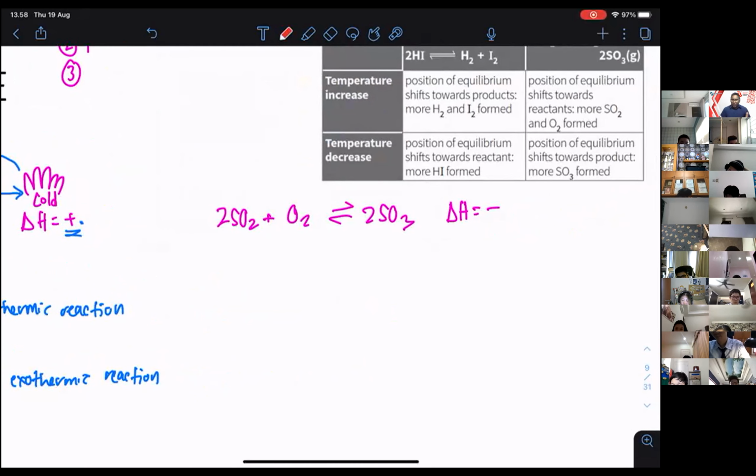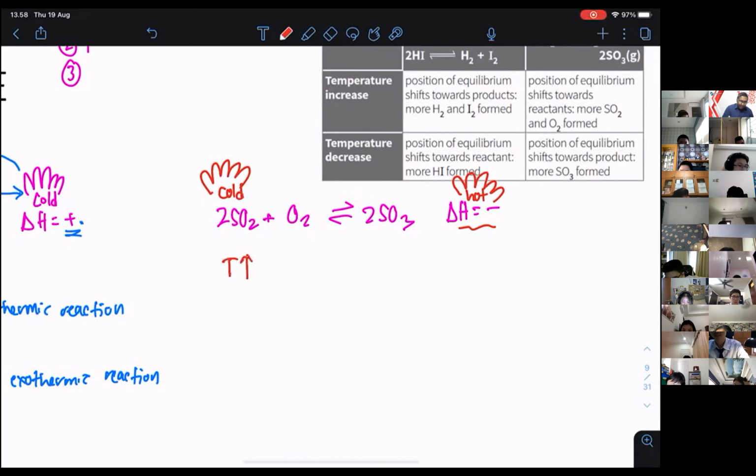You see, if you have, this is going to be exothermic. Exothermic means heat is released to the surrounding. So if I put my hand over there, I will feel hot, to the right. If I put my hand over here, I will feel cold. So if I increase the temperature, according to LCP, I need to decrease the temperature.